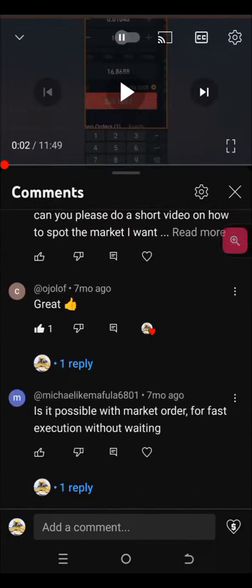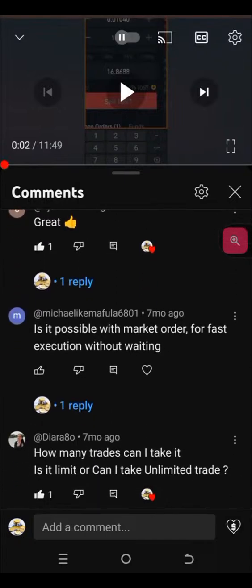Good. So let's see. Is it possible with market order for fast execution? This question always comes up. Yes, it's possible, but you're not going to make money. If you want to get fast execution, you can do market order, but you are not going to make money. You will probably make a loss. So I will say, just be patient, do limit order, and I tell you, it may take you a couple of hours, but you will get the exact amount of money that you have planned.